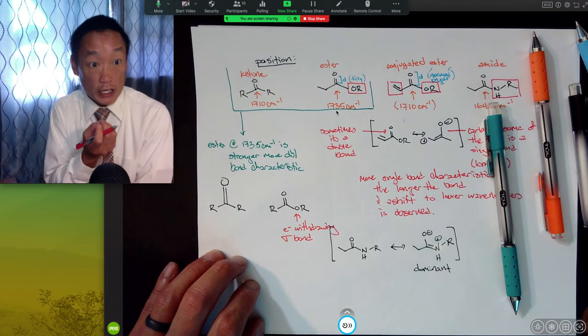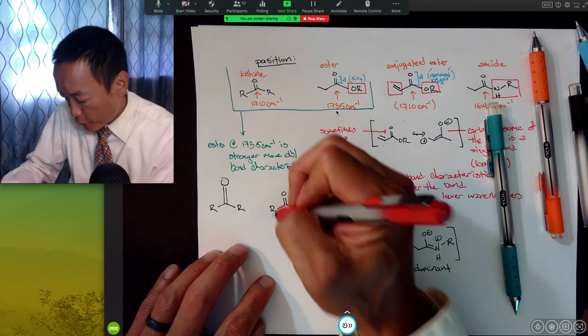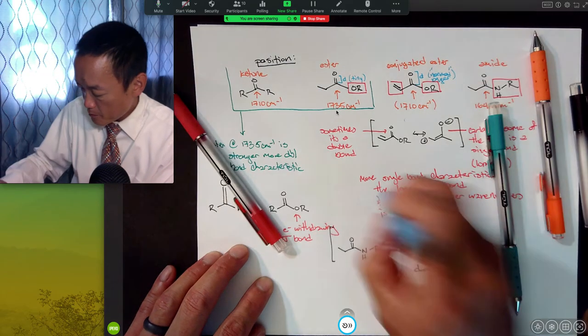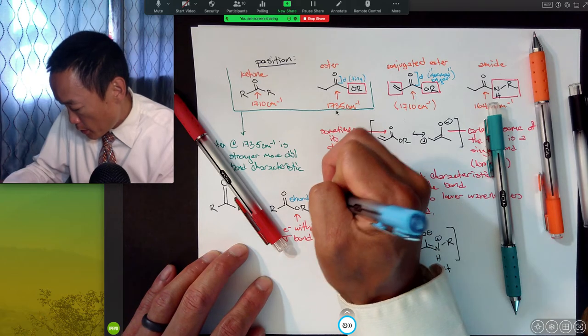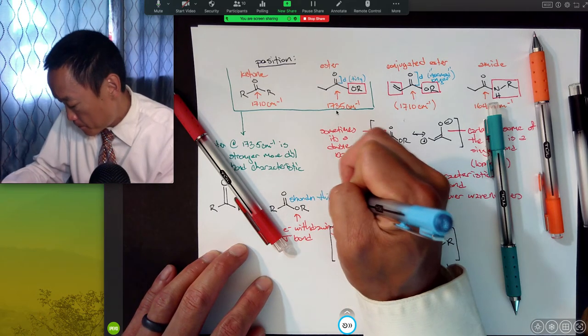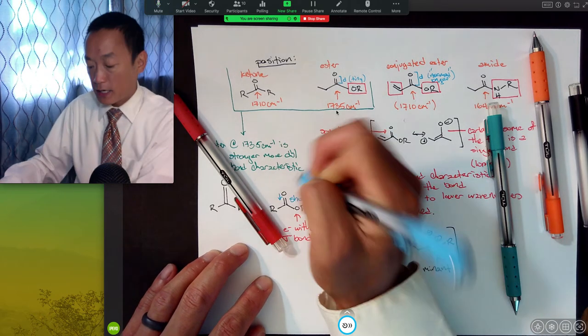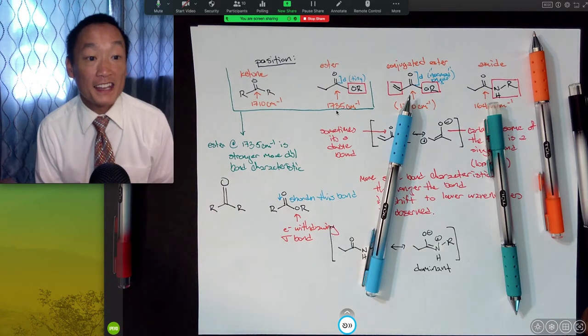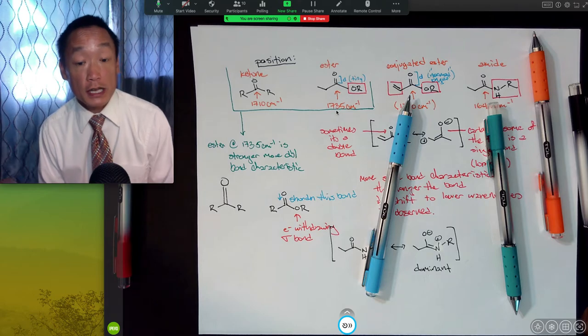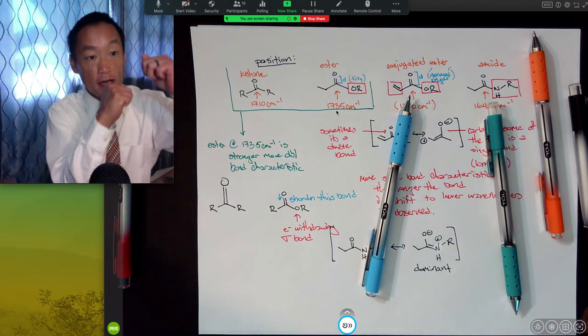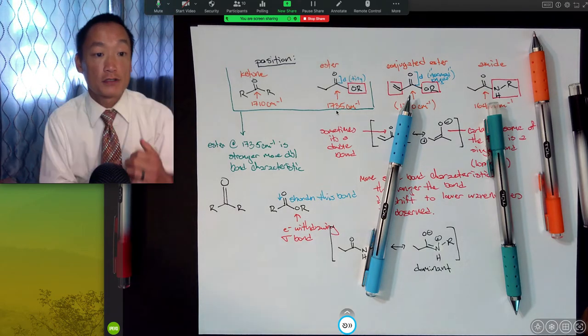It's going to pull electron density towards it, and that will subsequently shorten this bond, making it smaller, making it stronger, and requiring a different, higher energy in order to make that oxygen-carbon bond start to stretch.